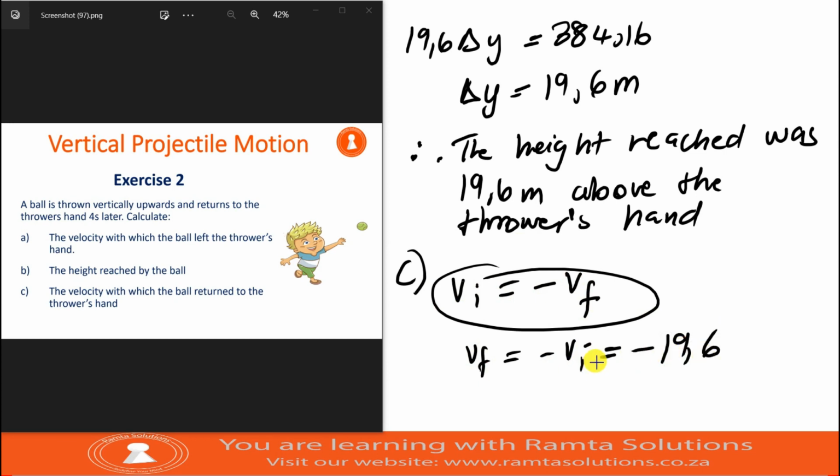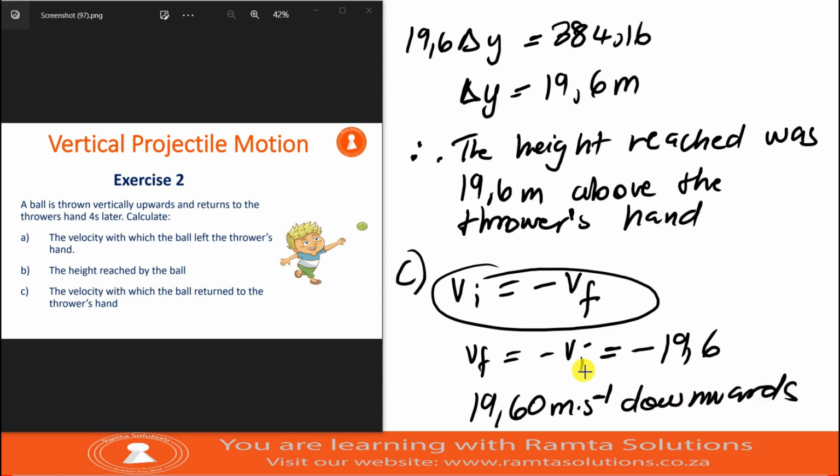Remember, we calculated initial velocity. Therefore, the velocity with which the ball returned to the thrower's hand is 19.60 meters per second downwards.